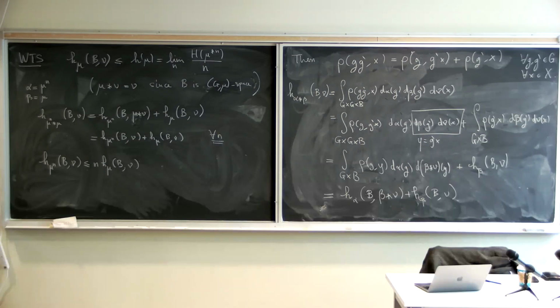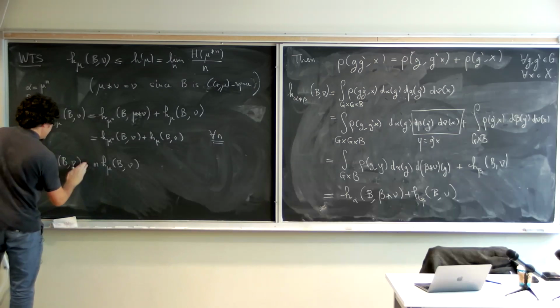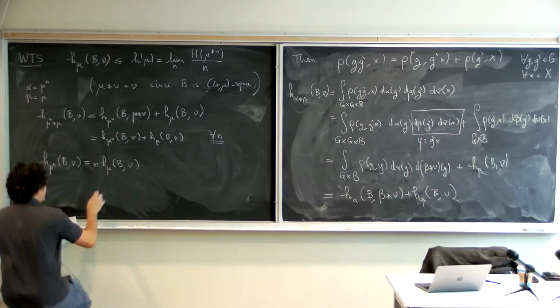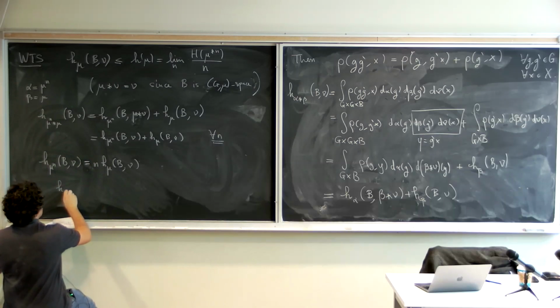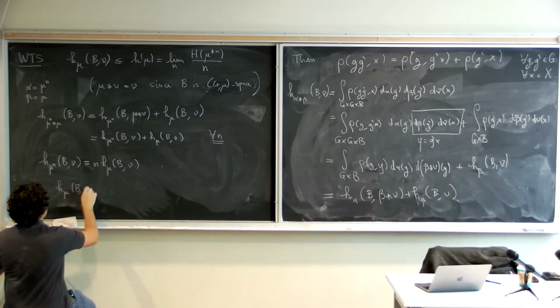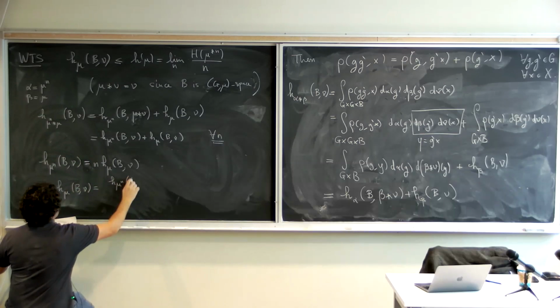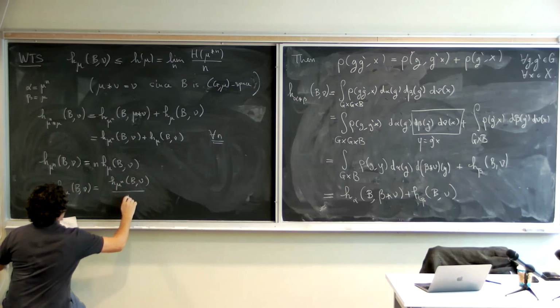I mean, well, it's literally equal. Yeah, exactly. So H mu of B nu is equal to H mu n of B nu over n.